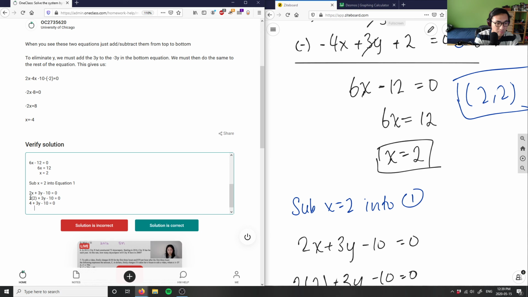So now I'm going to put 3y minus 10 equals -4. And then I'm going to have 3y here. y equals -4 plus 10 here is 6. So therefore y here equals 2. So the solution to this system of linear equations is 2, 2. So the solution here is incorrect.